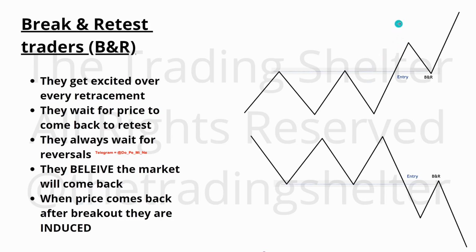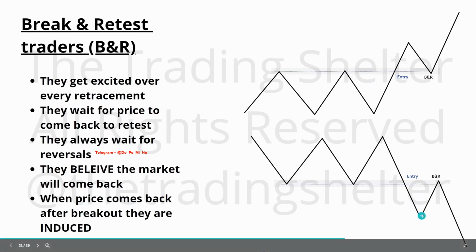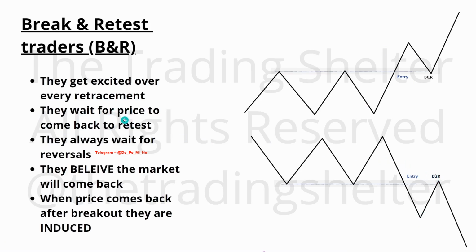When the price breaks a high or a low, they wait for a retracement to enter. So they wait for price to come back. They always wait for reversal. If price jumps in one direction, they wait for reversal. They're patient. They believe the market will always come back. And basically, the market comes back to induce them to enter.